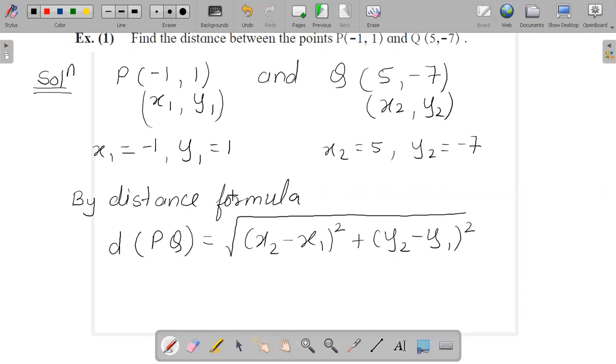Now we already know x2, x1, y2 and y1, so we'll just substitute the values.